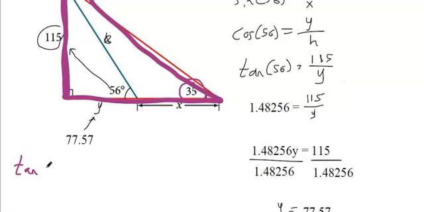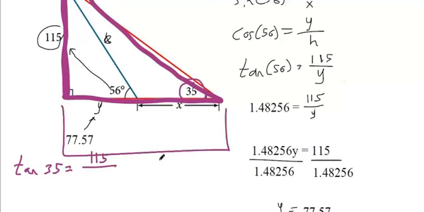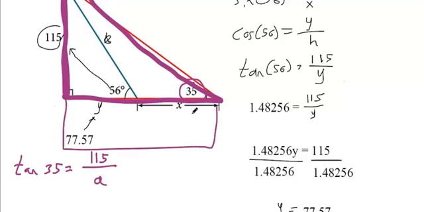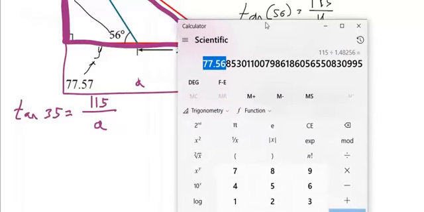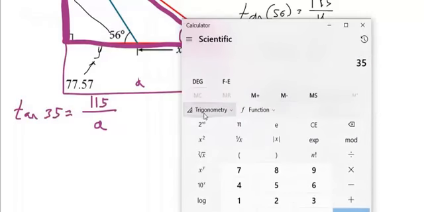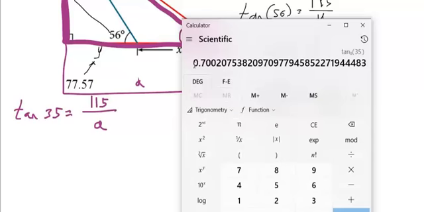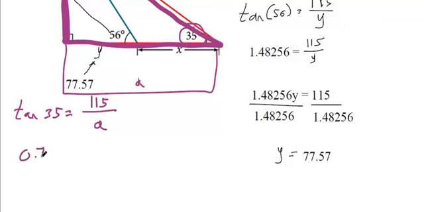So tangent of 35 equals what's opposite, the 115, divided by this whole adjacent side, which I'm just going to call A right now. This entire side over here is A, the big side. Same process as before. I'll do tangent 35 in my calculator. I'll just use 0.7, that looks easiest.